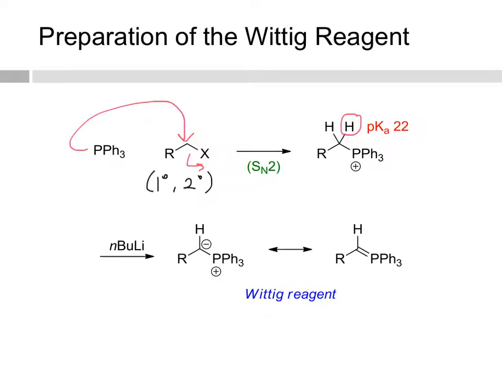This acidic proton can now be deprotonated by a strong base, such as n-butyllithium, to give the ylide. The ylide has two resonance forms, where we can draw it as a double bond between that carbon and phosphorus, or more realistically, the carbon is bearing the negative charge and the phosphorus bearing the positive charge. This is the Wittig reagent.